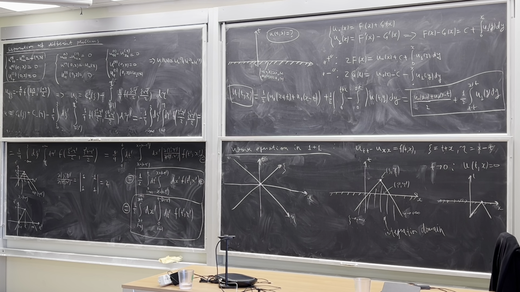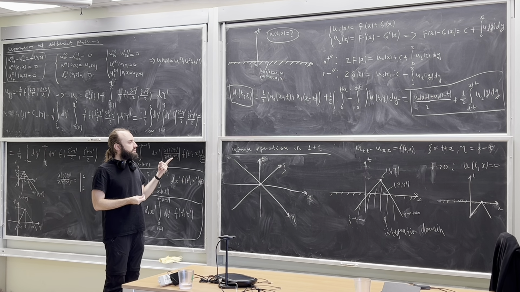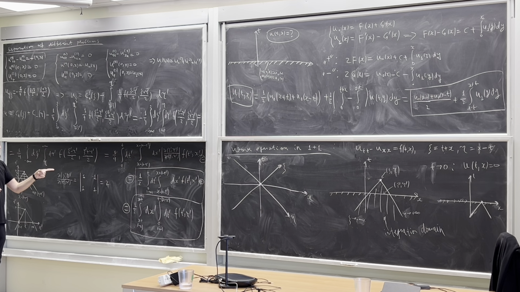So if you want to write the full solution of this equation on the real line with initial conditions and the right hand side, we can simply take the sum of that formula and this formula. It's also clear that this solution satisfies the initial conditions. Maybe the simplest way to see it is to look at this formula.